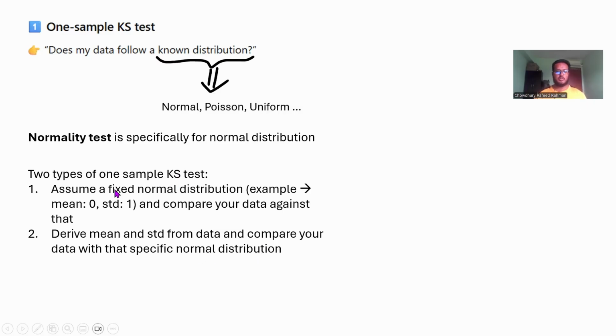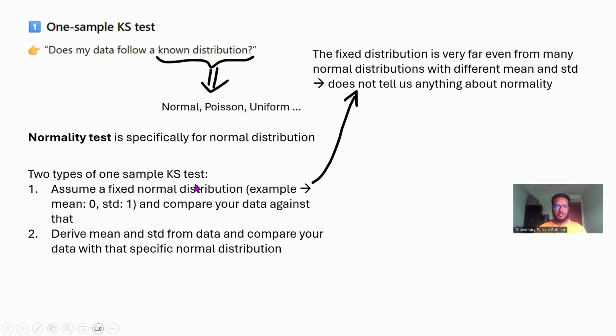Now, what is the issue with these two types of KS tests? First of all, this is a fixed distribution. When we assume a fixed normal distribution, this distribution can be very far from many different normal distributions. Suppose there is a normal distribution with mean 5 and standard deviation of maybe 3. That will be very different from this mean 0 and standard deviation 1 distribution.